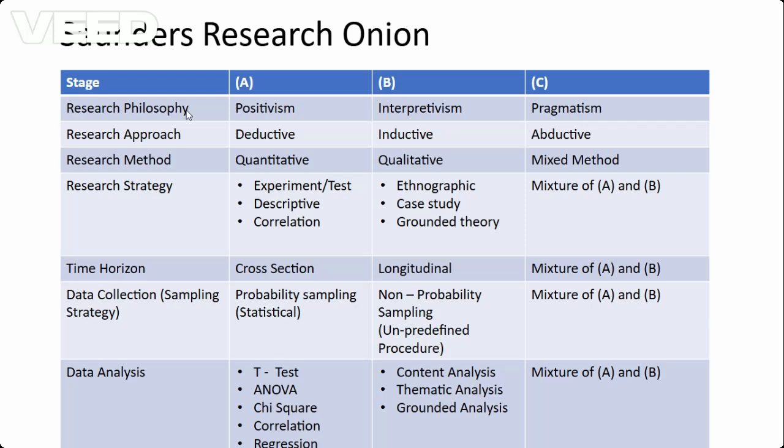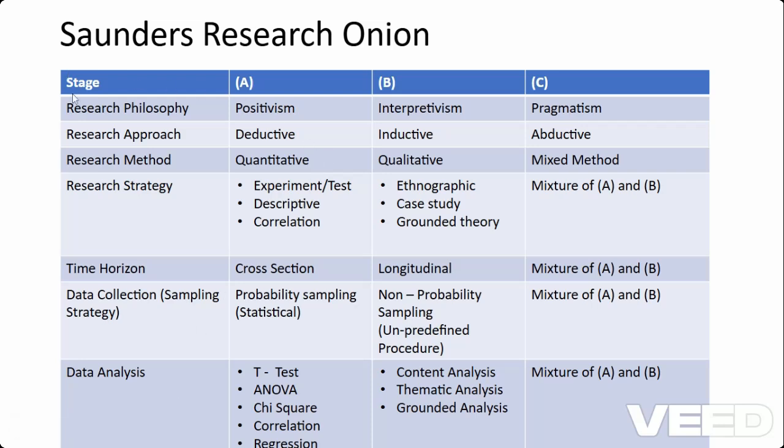From research philosophy to research approach, we have the research method, research strategy, time horizon, usually ignored, and also the data collection, where we can discuss the sampling and also the data analysis.